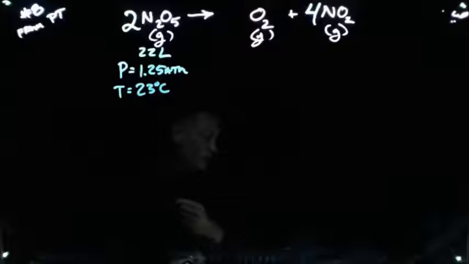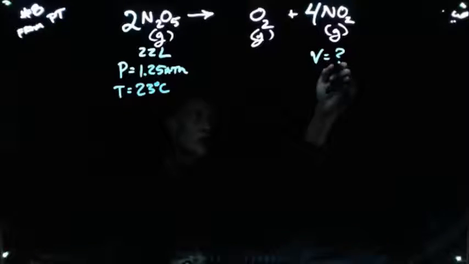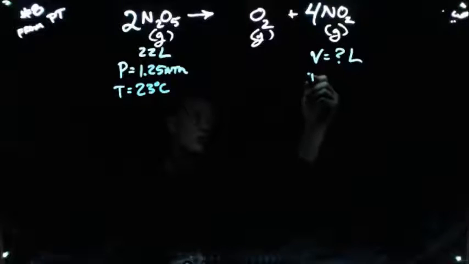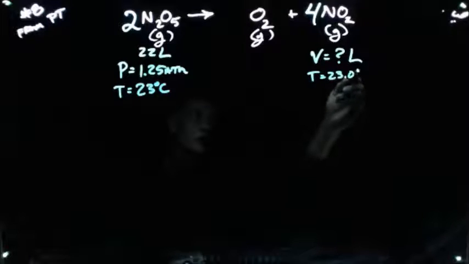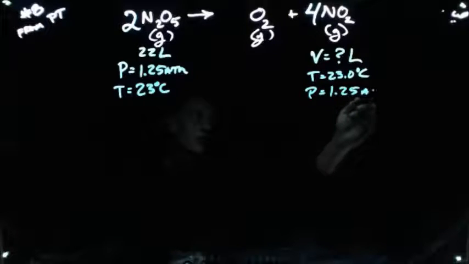What volume of NO2 can be produced at a temperature of 23.0 degrees Celsius and a pressure of 1.25 atmospheres?